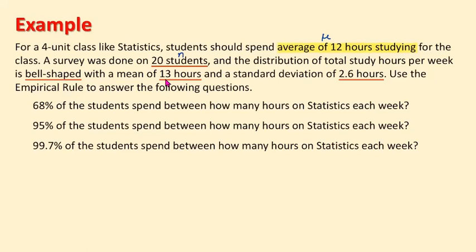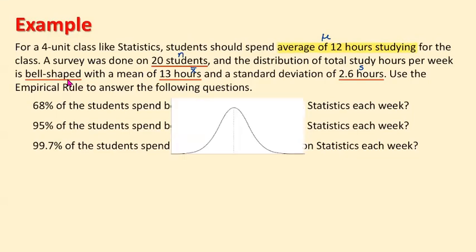Here this mean is the sample mean x bar and the standard deviation 2.6 hours is the sample standard deviation s. Now we are asked to use the empirical rule, and we already know the shape of the distribution is bell-shaped. So first, we are going to sketch the bell-shaped distribution to analyze this.